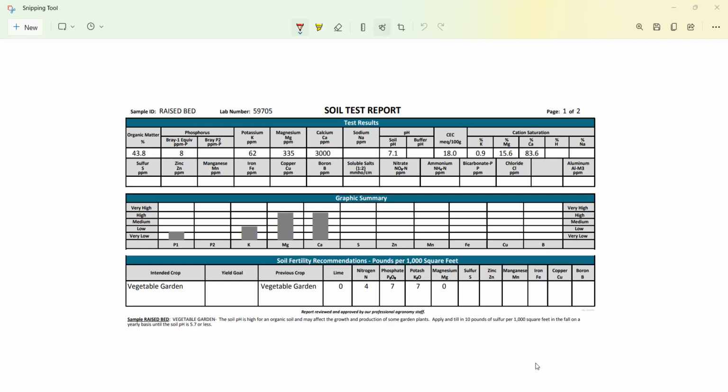We would maybe buy the 10, 10, 10 to meet our nitrogen need, but then we're going to maybe have to buy some rock phosphate or some more potash as an additional nutrient to apply to get our other two things at the level we need them. Which is a whole other math lesson, doing conversions on some of these nutrients and fertilizers.